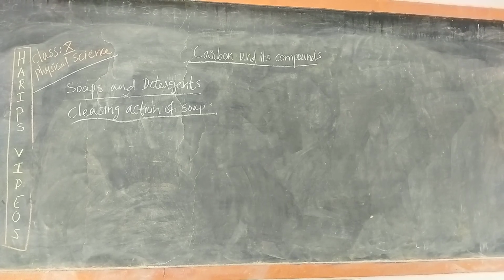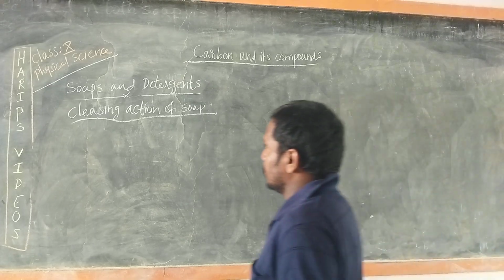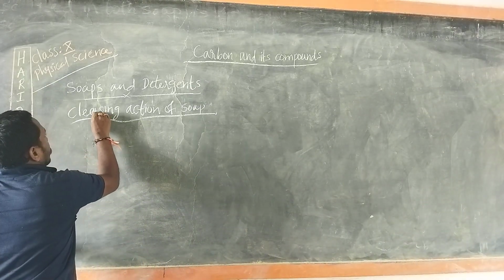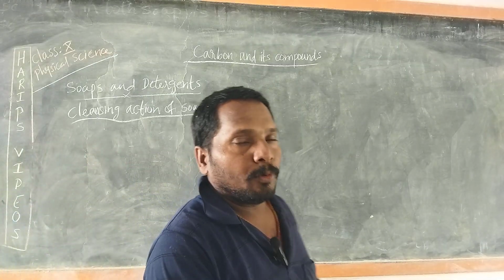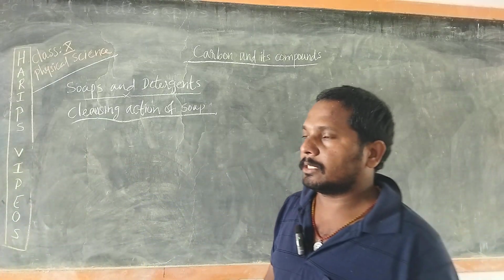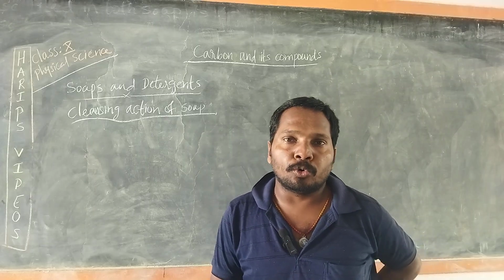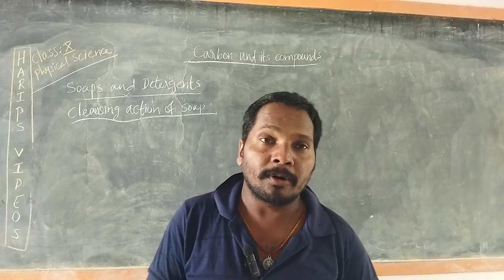Now let us discuss how soap removes dirt from the body and from clothes. Let us discuss the cleansing action of soap: how soap removes the dirt particles from clothes and from our body.